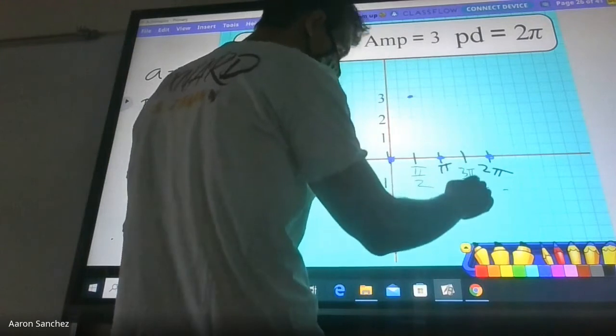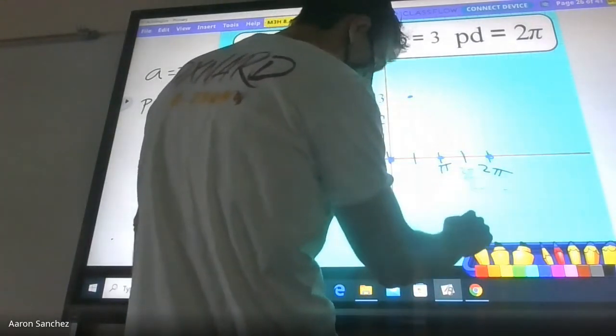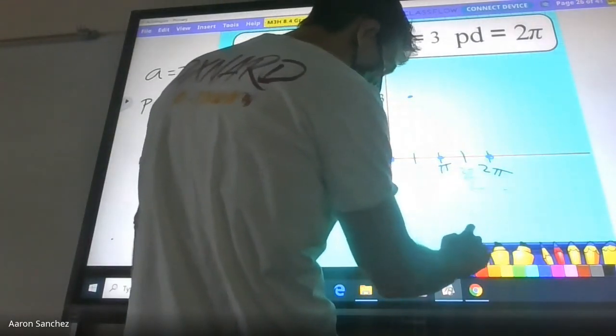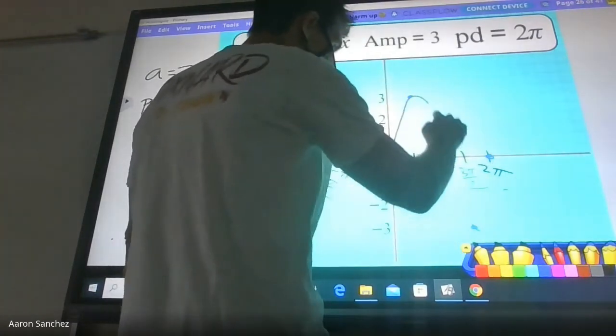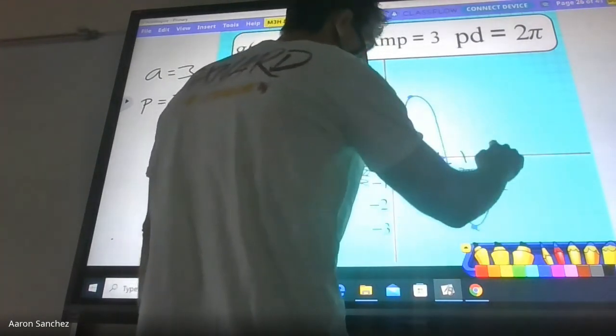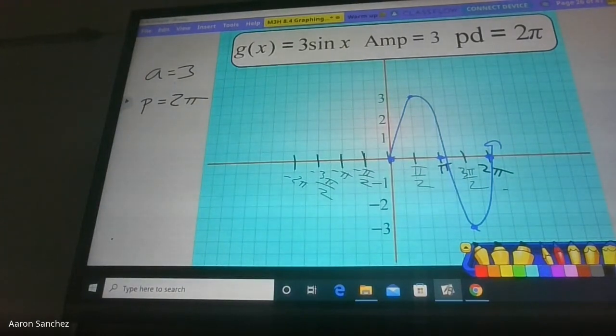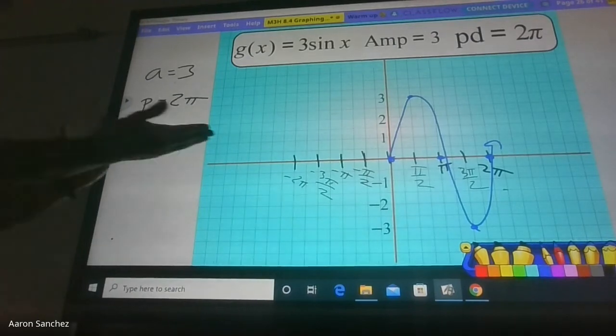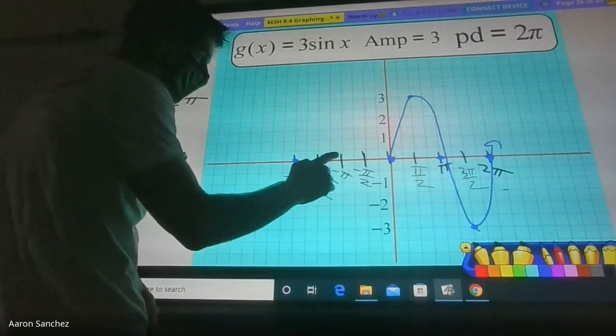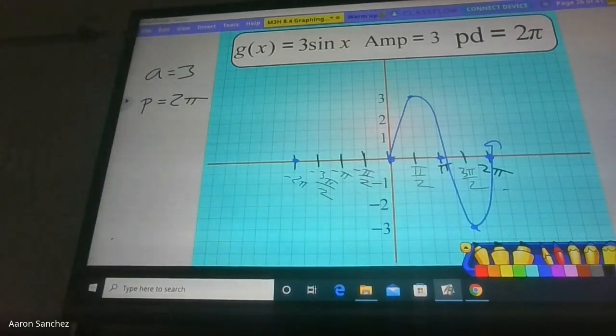And then below, we got to go to negative 3. Five key points for sine. So then you do the same thing over here. First, notice my, oh, wait.